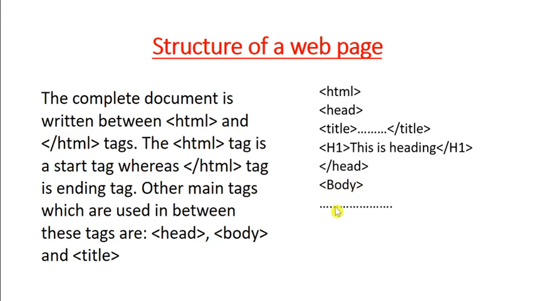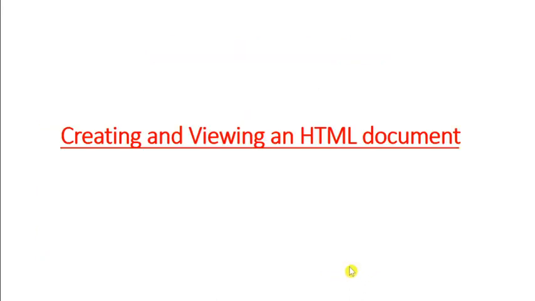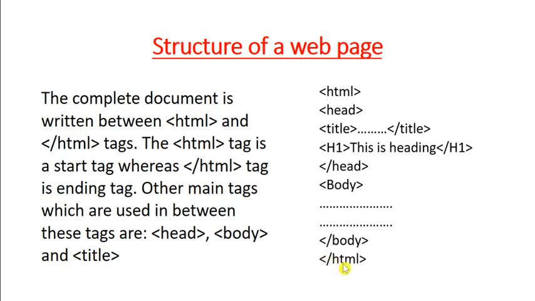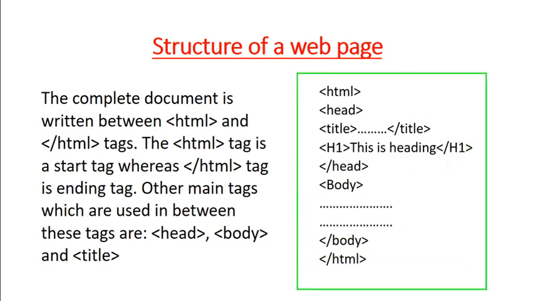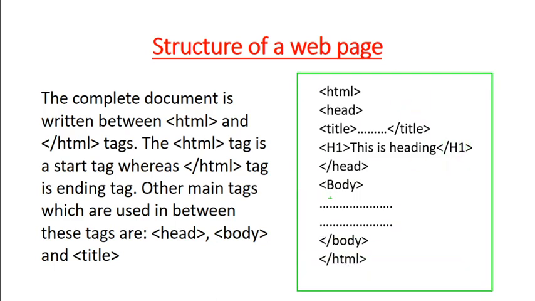After that the body tag is closed, and then the HTML tag is closed. This is the structure of a web page. In every web page the structure goes like this.